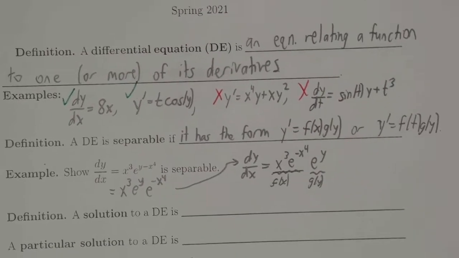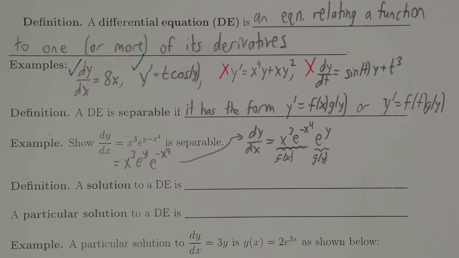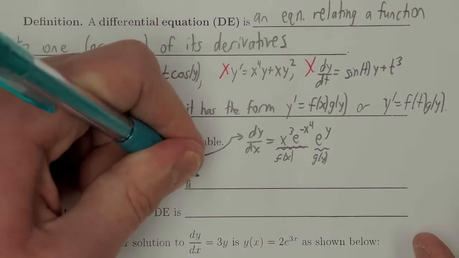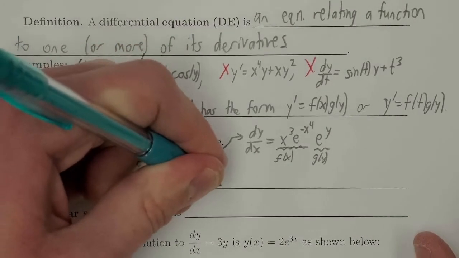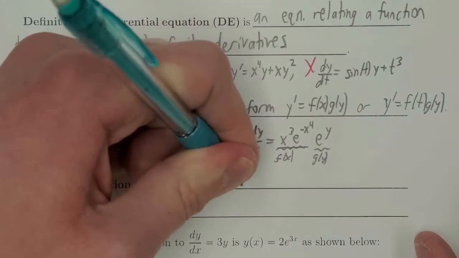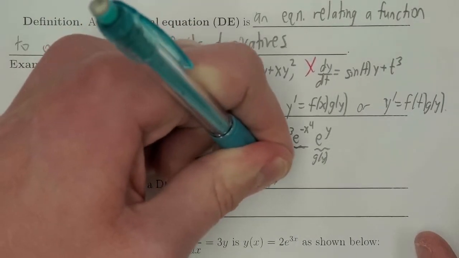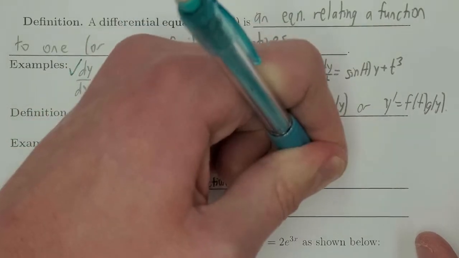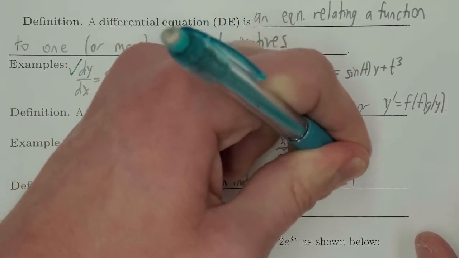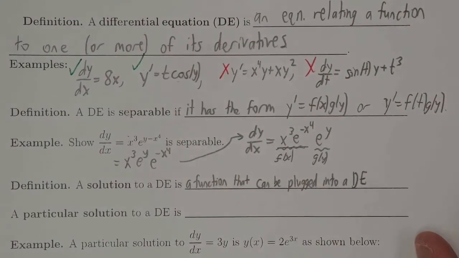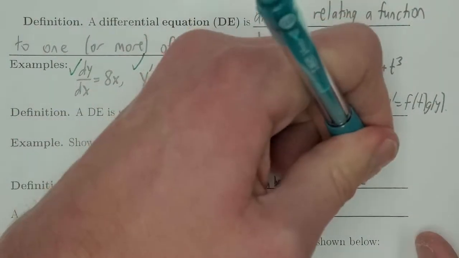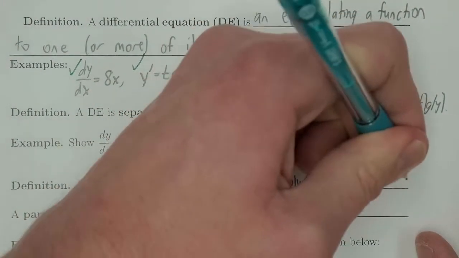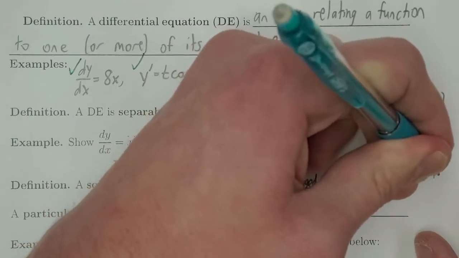Okay. Now, let's take a look at some new definitions. A solution to a differential equation is a function that can be plugged into a DE and have it be true.